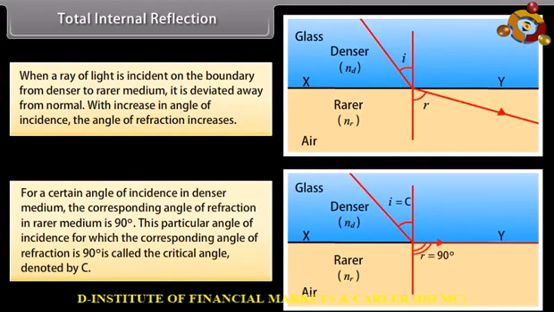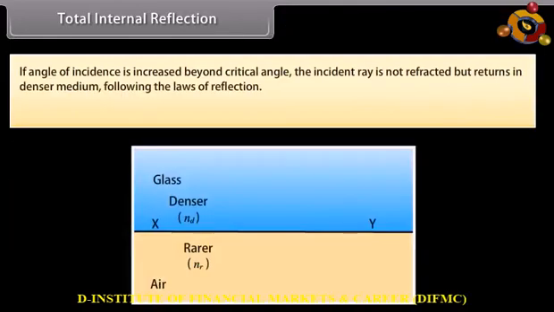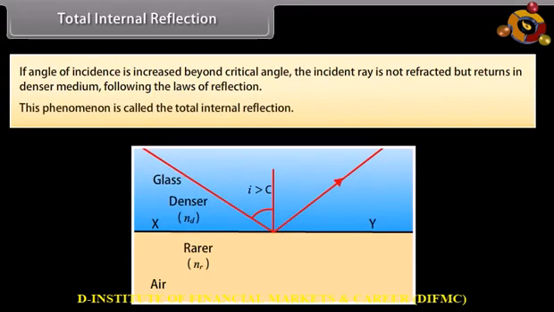This particular angle of incidence is called the critical angle, denoted by C. If the angle of incidence is increased beyond the critical angle, the incident ray is not refracted but returns in the denser medium following the laws of reflection. This phenomenon is called total internal reflection.